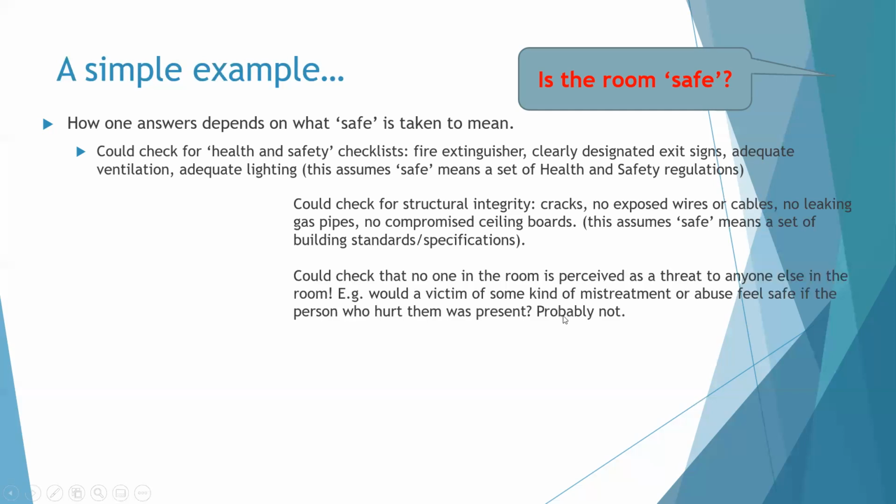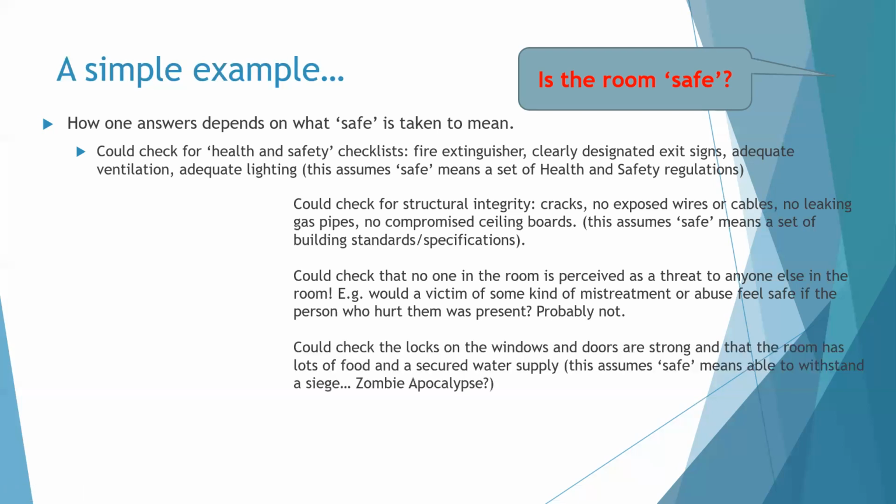But what about if someone is sitting in the room who has harmed another person in the room? Could the victim of that harm argue that the room is not safe? If they had suffered some kind of mistreatment or abuse, would they feel safe with the person who hurt them present? Probably not. You could check the locks on the windows and doors, that the room has lots of food, a secured water supply.